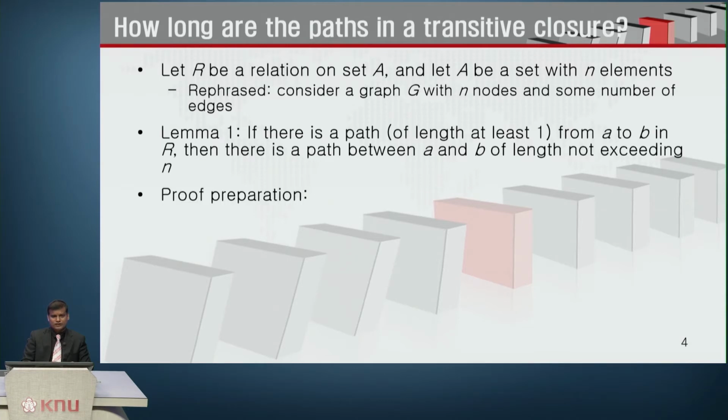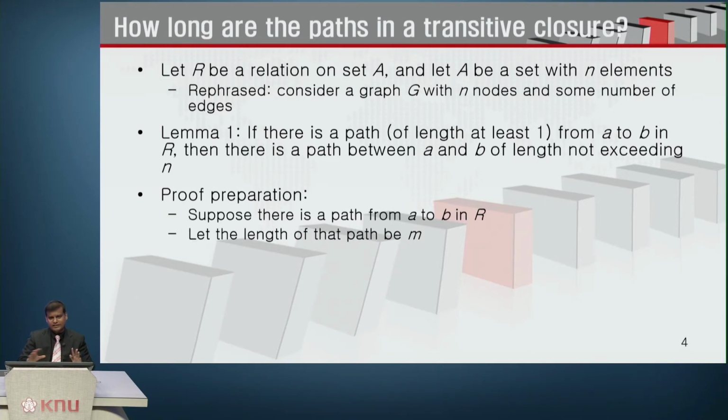So let's consider the proof for this. Suppose there is a path from A to B in R, and let the length of the path be m, and let the path be the edges (x0, x1), (x1, x2), and so on till (x m minus 1, xm).